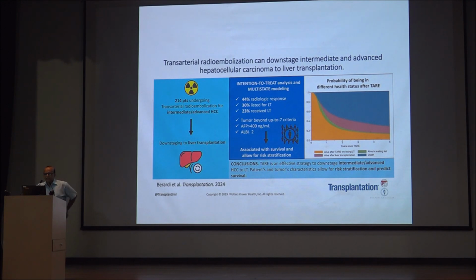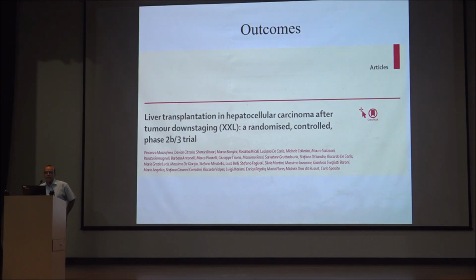This is another recent study in 2024, which again underscores the benefit of TARE for downstaging before liver transplantation. So when we come to outcomes, there are a few important papers of different intention. This is an RCT which was closed prematurely, conducted again by Mazzaferro.